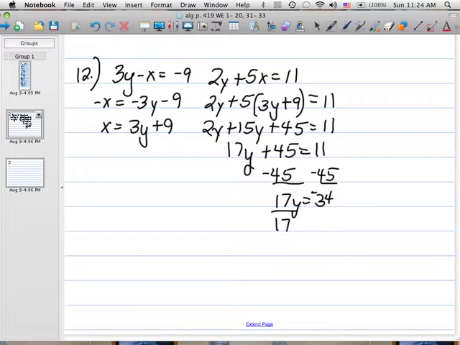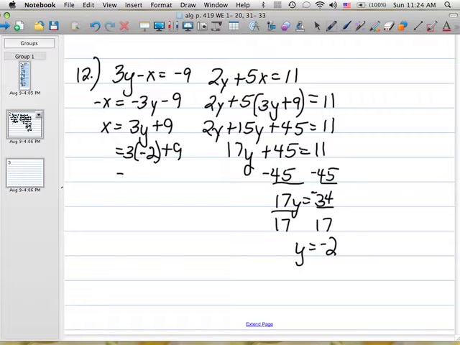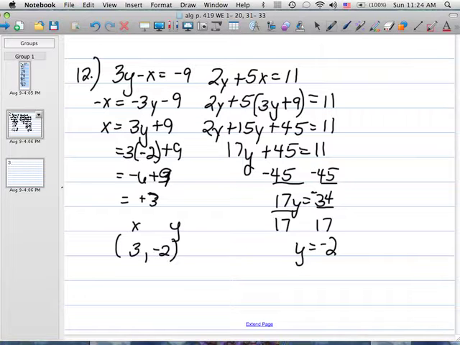Divide by 17, and y is negative 2. Substituting that back in over here, I get 3 times negative 2 plus 9, so x is negative 6 plus 9, which is positive 3. So our ordered pair is x, y, and x is 3 and y is negative 2.